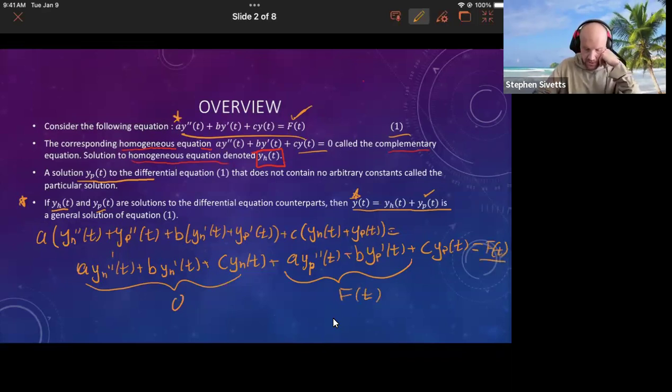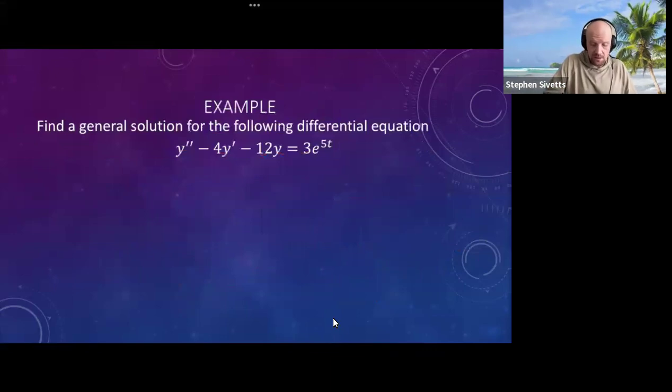So we know the steps to solving the homogeneous equation. What's going to be a challenge is solving for the function y sub p of t. And the best way to do this is going over some examples. So here's one now. I'll do this one first.